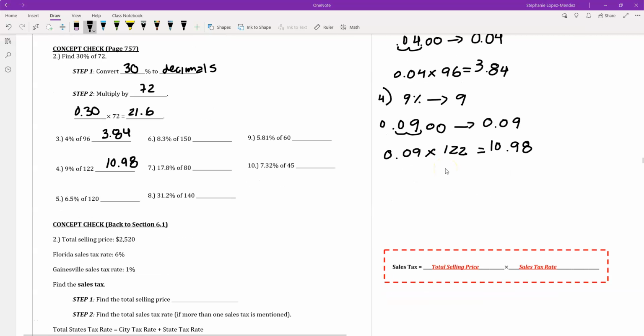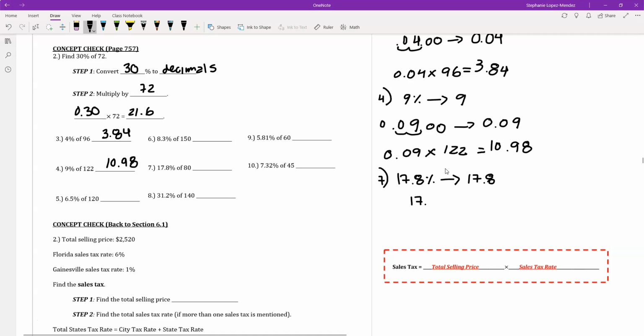We are going to use the next problem. In this case, we're going to use number 7 just because I want to show you how to do with a percent that has more than one digit. Okay, so it's 17.8%. My first step is I drop the sign, so I only have 17.8.